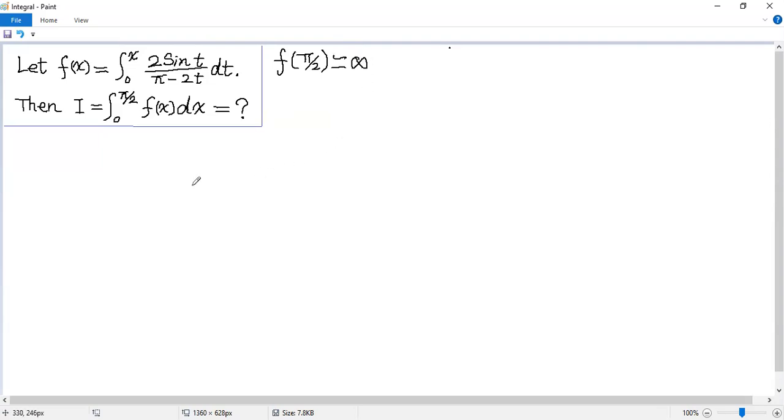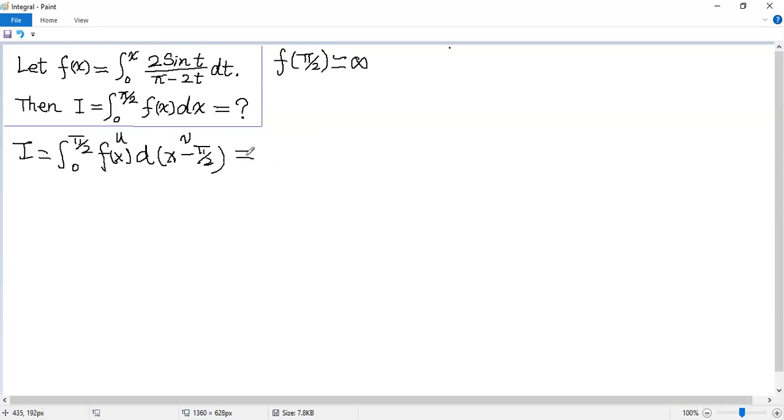Now, in order to evaluate the definite integral, we want to apply integration by parts. In order to do that, we need to change dx to d(x minus half pi). So we get I equals the integral from 0 to pi over 2 of f(x) d(x minus pi over 2). You can view f as u and x minus pi over 2 as v.